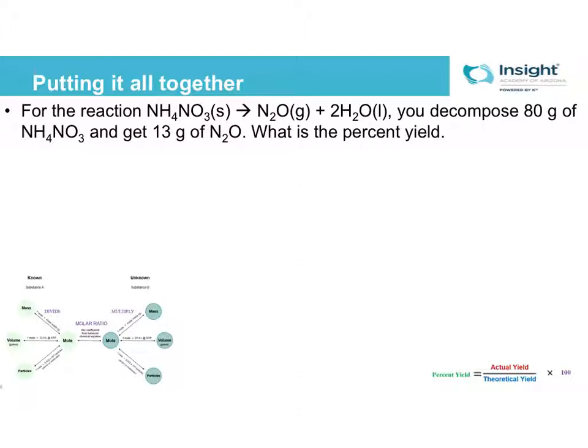All right, so what we need to calculate is our theoretical yield. How much nitrous oxide did we expect to get? All right, and we're starting from knowing that we have 80 grams of our ammonium nitrate.